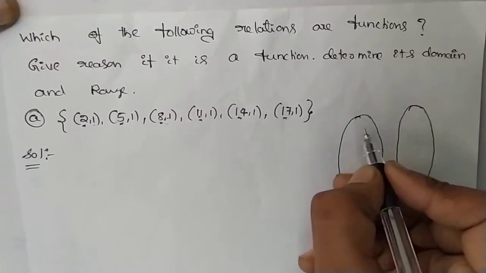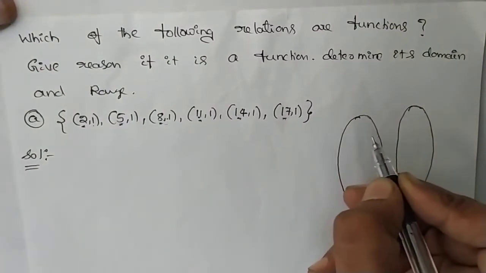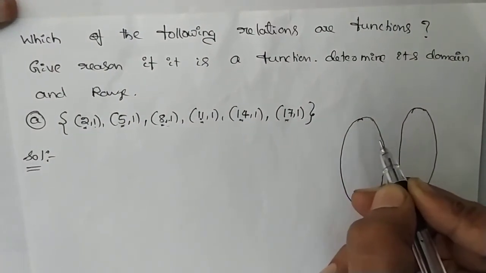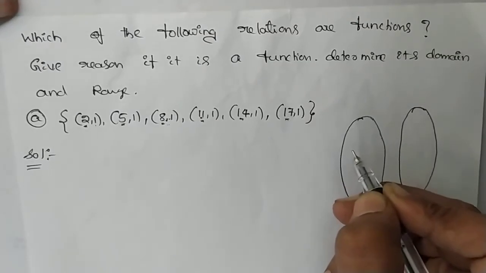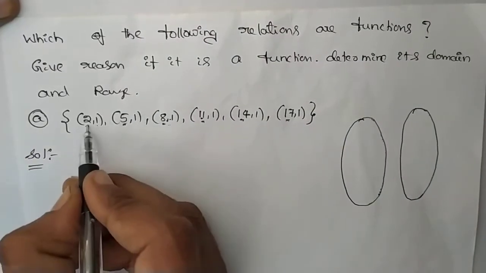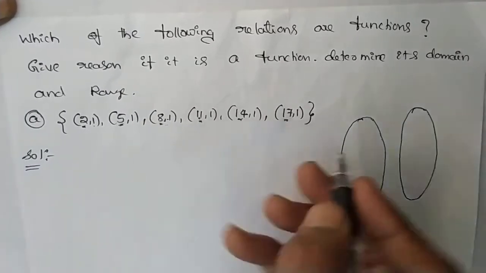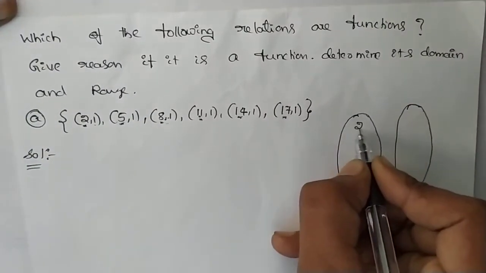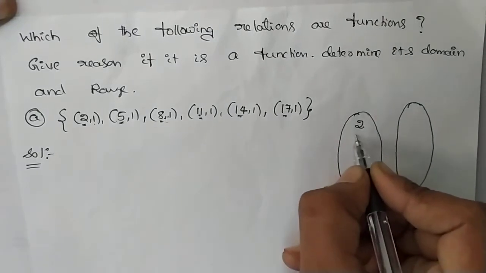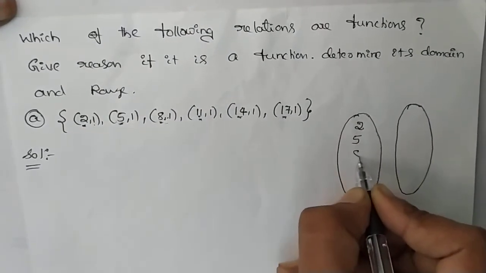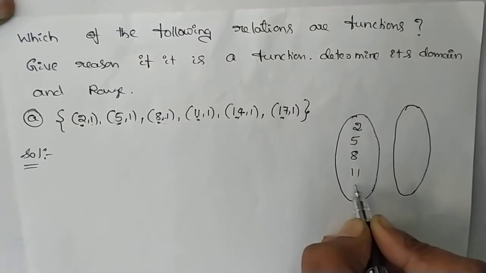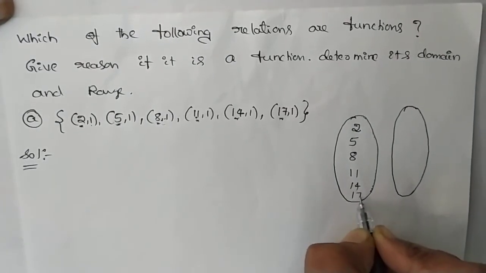Before that, read the definition of a function along with the examples that I explained in our previous class. The first elements of the ordered pairs are 2, 5, 8, 11, 14 and 17.